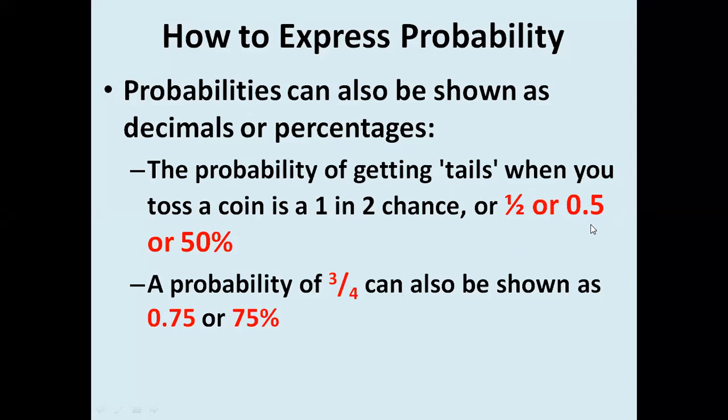Look, 3 over 4. If you have this probability and you need to write it as a decimal, it's 0.75. As a percentage, 75%. We took all this, by the way, in detail in the unit of fractions and percentages.